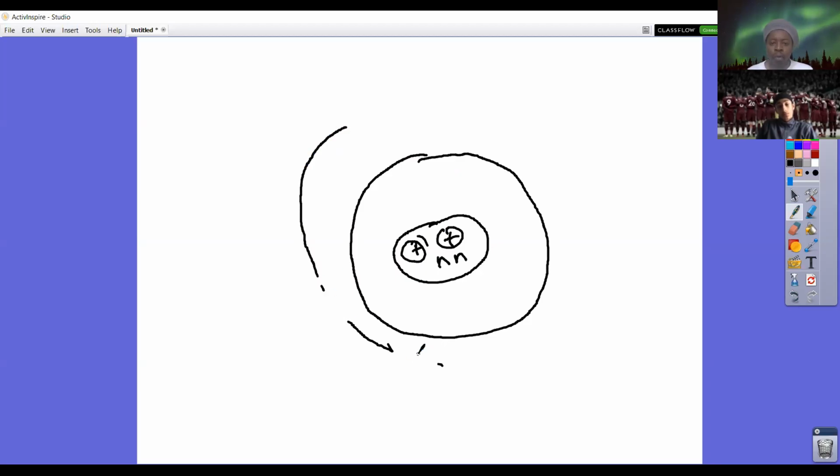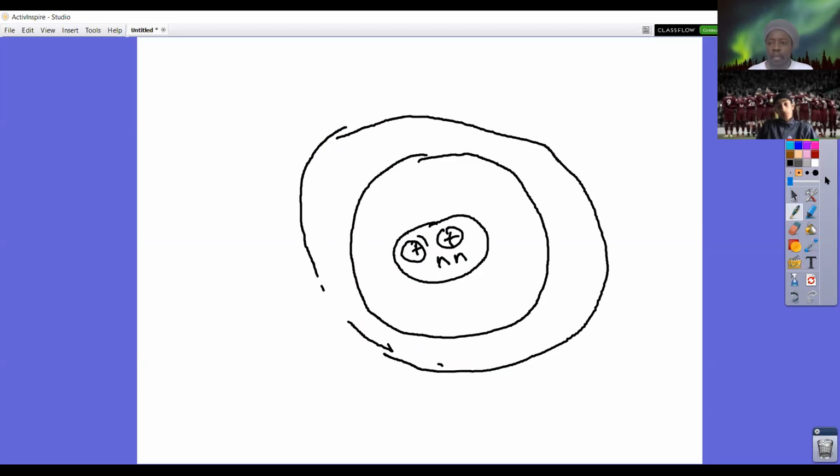That was Bohr's, and it's a non-intuitive way of thinking, but nonetheless, at the time, was able to explain things much better than the previous models. So these here are orbits in which the electron would live.